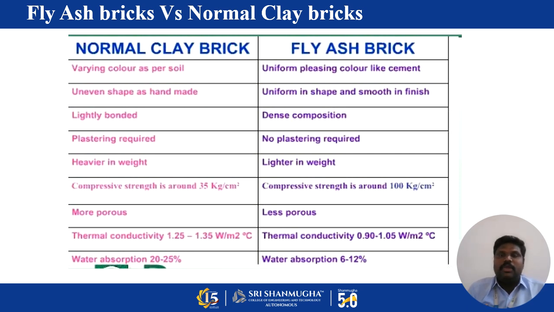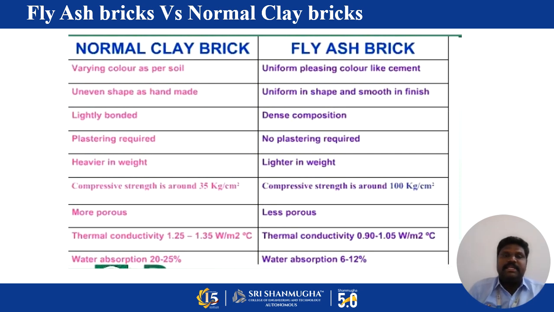Fly ash bricks have a uniformly pleasing color, like cement. Handmade clay bricks have uneven shape, while now, because of the mold, everything is in uniform shape and size. Fly ash bricks are uniform in shape and smooth in finish.